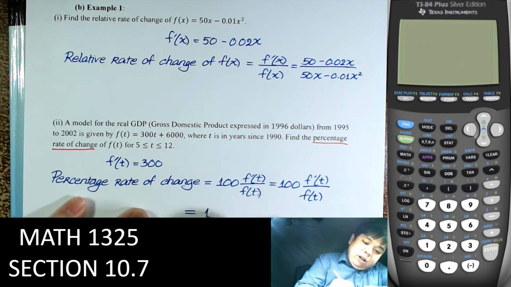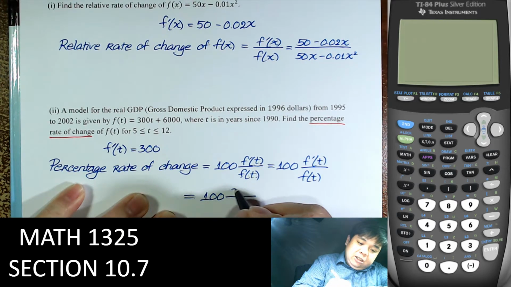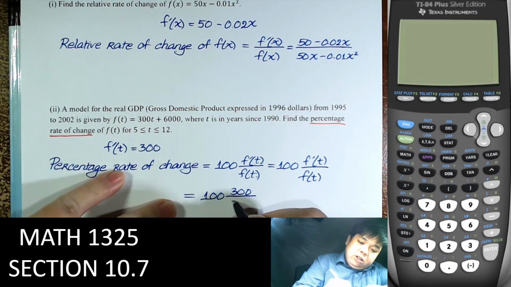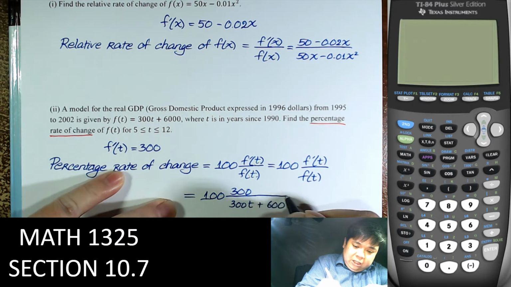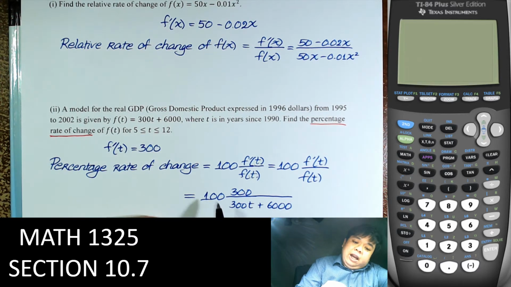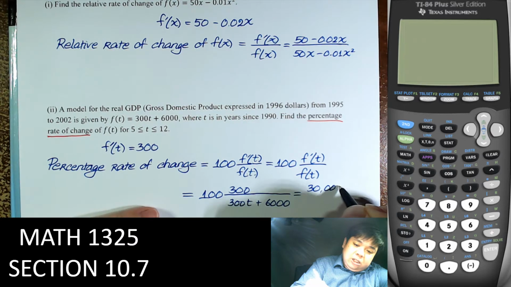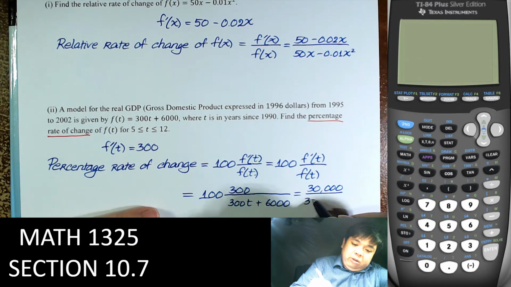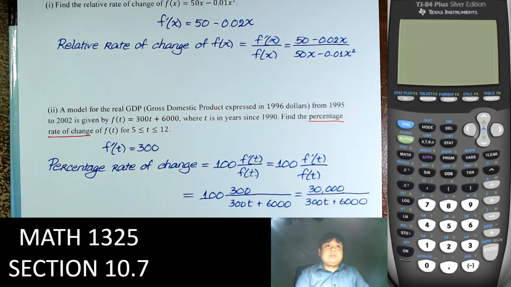Right, so we have 100 times f prime of t, which is 300, over the original function 300 t plus 6,000, sorry, and then 100 times 300 is 30,000 over 300 t plus 6,000. So that's what we have.